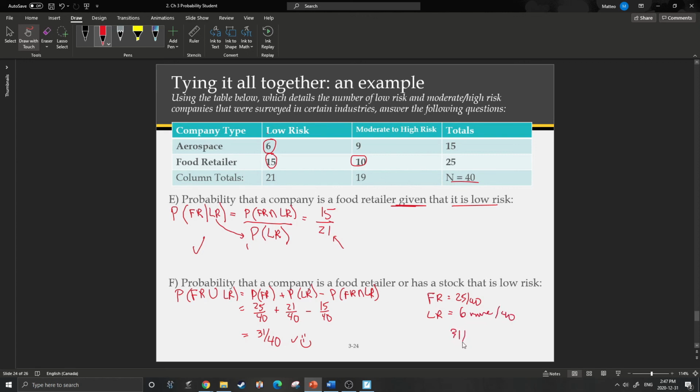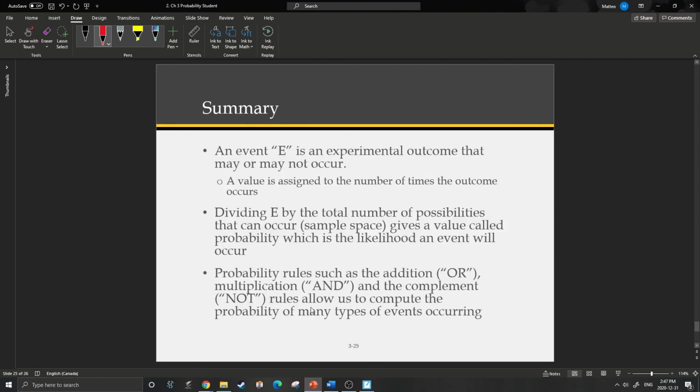So then you would say 31 out of 40. Basically, if you're not going to be using the formula and showing me all that work, you better make sure that your answer is super correct. Because if you give me just the answer with no work and it's wrong, like if you just said 32 out of 40, you get no marks, right? But if you show me all this work, and you just made a mistake in one part, you would get some marks still.